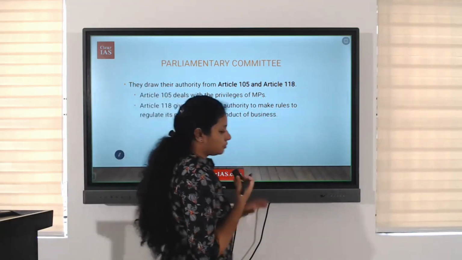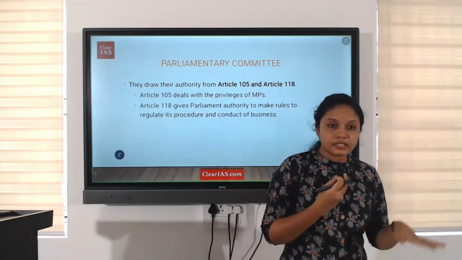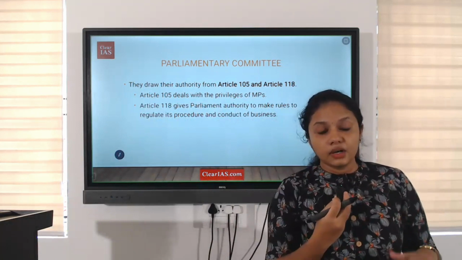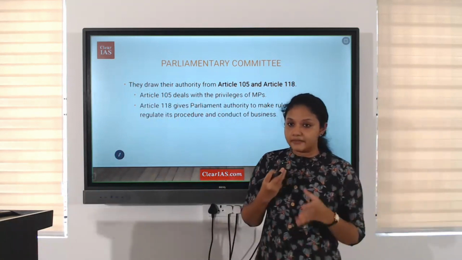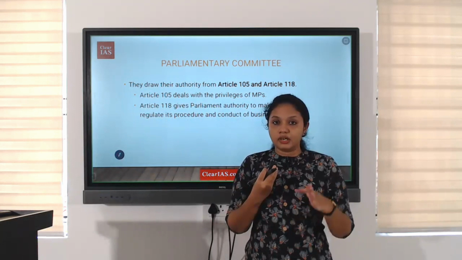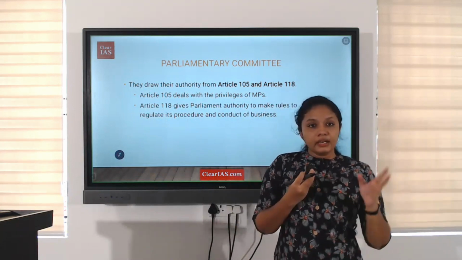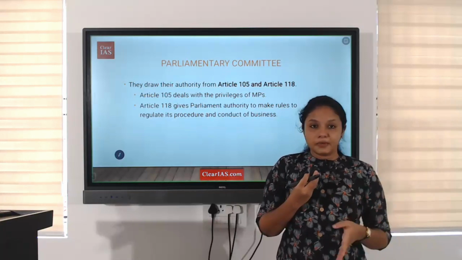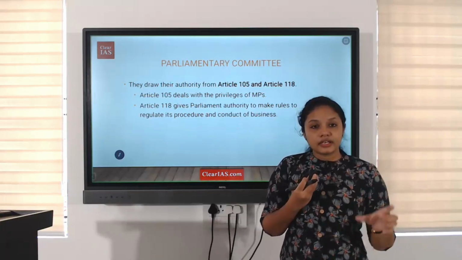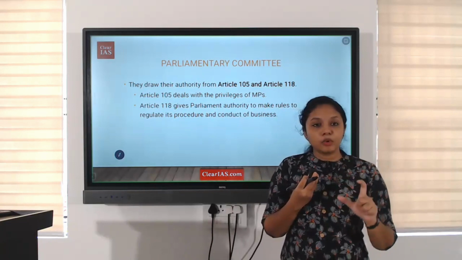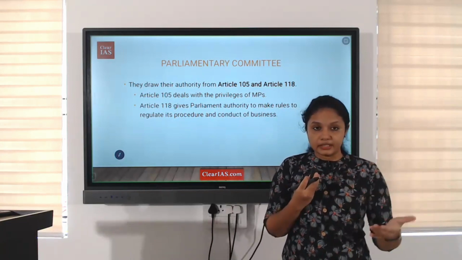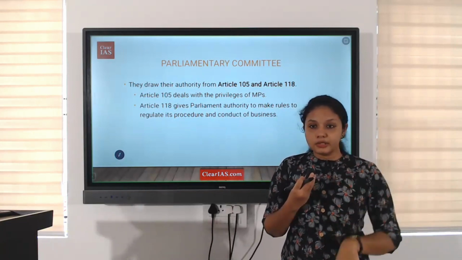So we were talking about parliamentary committees. Who are the members? MPs themselves, as it is within the Parliament or House. The members could be elected by the House or nominated by the Speaker. The directions are given by the Speaker and the report of the committee is presented either to the House or to the Speaker.